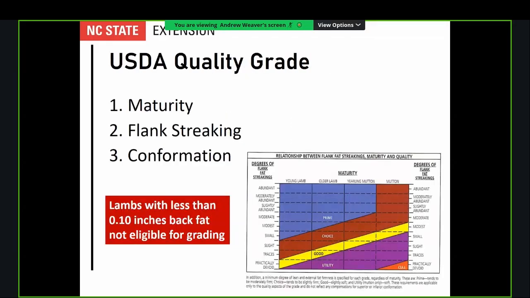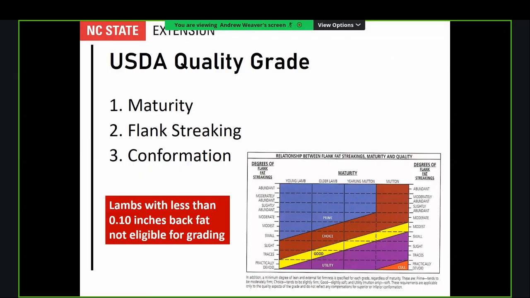And so our USDA quality grade is based on maturity, so age of the carcass, flank streaking, and this conformation score. And keep in mind that for lambs to be eligible to be quality graded, they need at least 1/10 of an inch of back fat. And just a reminder, the reason for that goes back to preventing excessive evaporative losses. Remember we talked about quality grade being all about those factors that impact the tenderness, juiciness, and flavor of the final product.